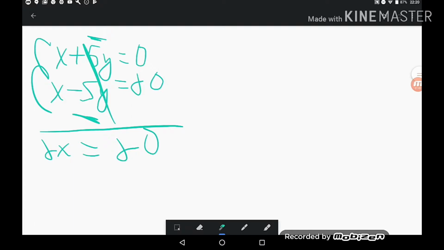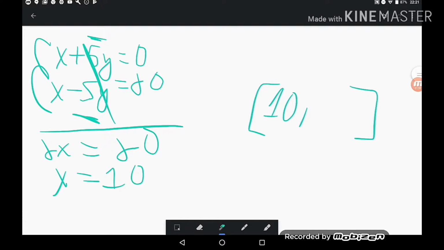Now you evaluate to get x, so you divide by 2 on both sides, and x equals 10, so that goes in the x spot. And now to get your y, of course you have to plug x back into both equations to get your y value and to confirm their authenticity.